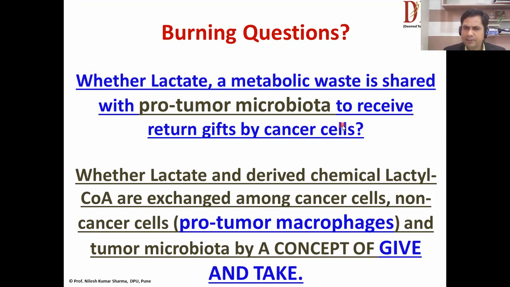Many of the experimental evidences still have to be resolved. In our lab, we are also addressing some of these questions: what are the potential enzymes for epigenetic modification, what is the potential enzyme that can convert lactate to lactyl CoA, and so on? We hope that some interesting facts will come out.